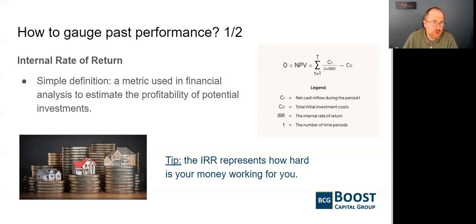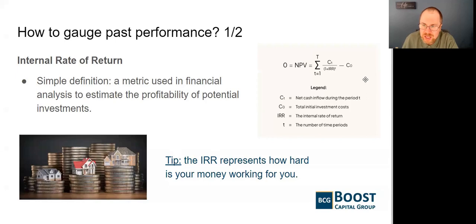The number one question regarding past performance is, what's the best way to gauge that? I think the most interesting way to look at the performance of an investment is the internal rate of return.